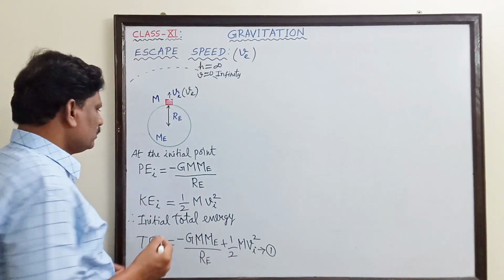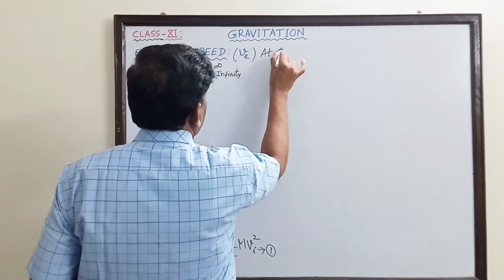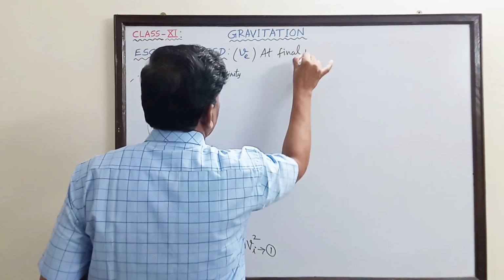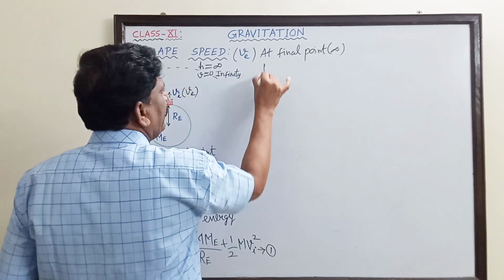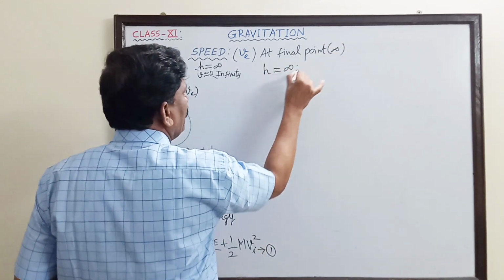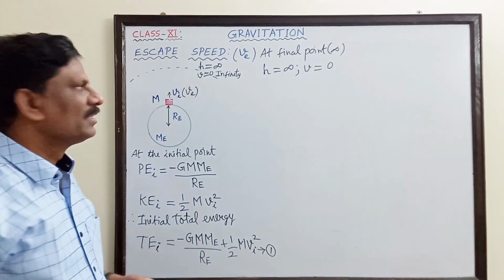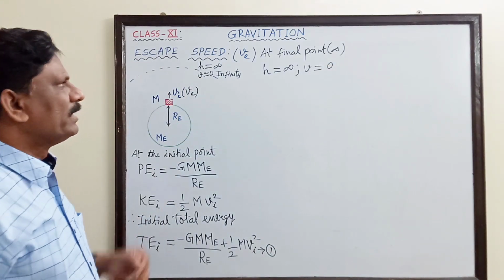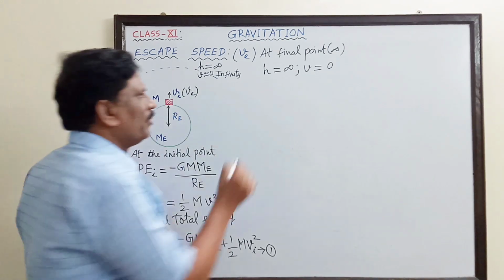So at the final point, that is at infinity, the height h is equal to infinity and the velocity v is equal to 0. Now what is its potential energy and kinetic energy at that point?